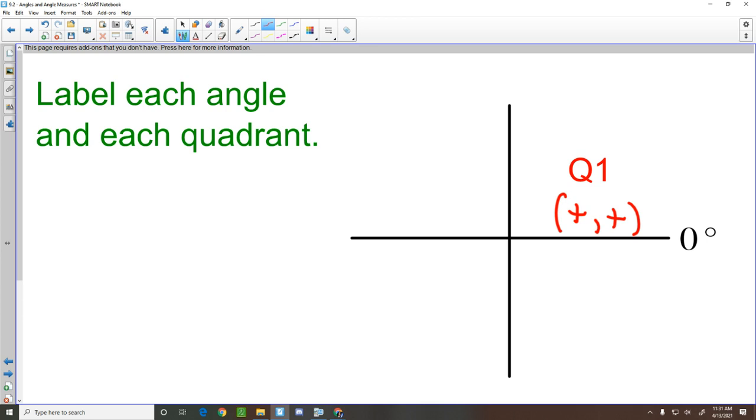I want you to reach back in your memory to previous years of mathematics and label the other 3 quadrants, 2, 3, and 4. And while you're at it, at each of the 4 axes, I want you to write how many degrees each would represent, knowing that each quadrant is 90 degrees. If that's 0 on the positive x-axis, our starting point, how many degrees would it be up there, on the left, and down at the bottom?